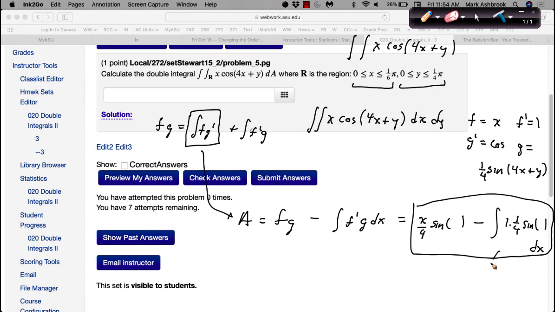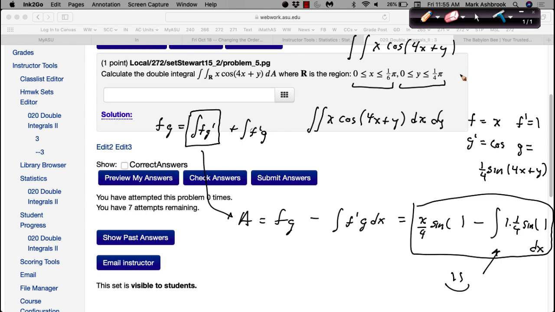Now this one is doable. The integral of 1/4 sine of 4x plus y you can do in the next step, and then that whole expression will be your antiderivative with respect to x. Then you'll plug in your x limits and subtract, and you'll have a straightforward integral with respect to y to do from 0 to 1/4 pi.